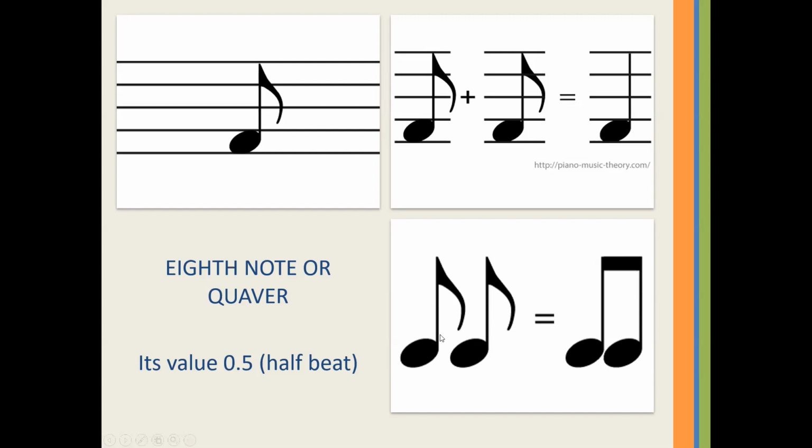Another alternative of writing these notes, if they're together, so that the music sheet does not look too cluttered, is that sometimes we can leave them like this. Sometimes they decide to join these 2 stems together. So when you see something like this in music standing on its own, you know that we have 2 quavers.